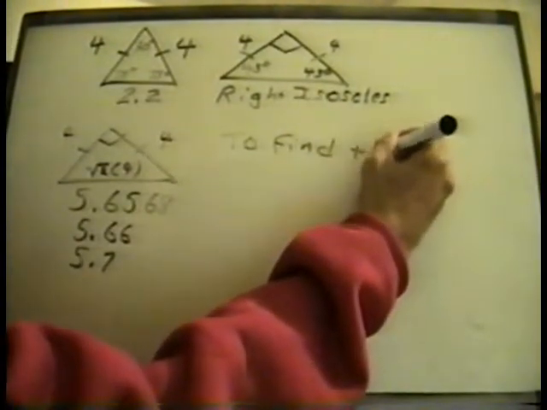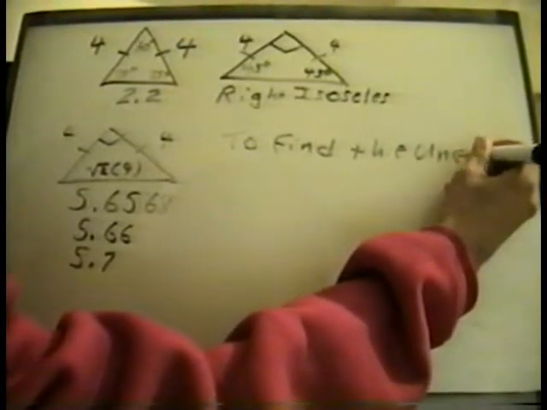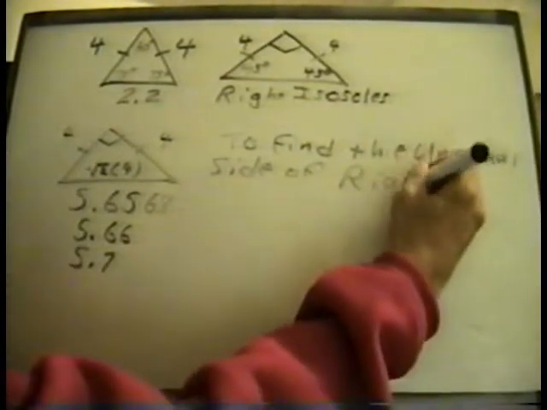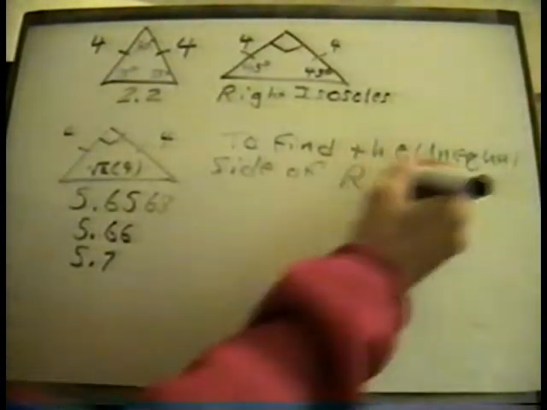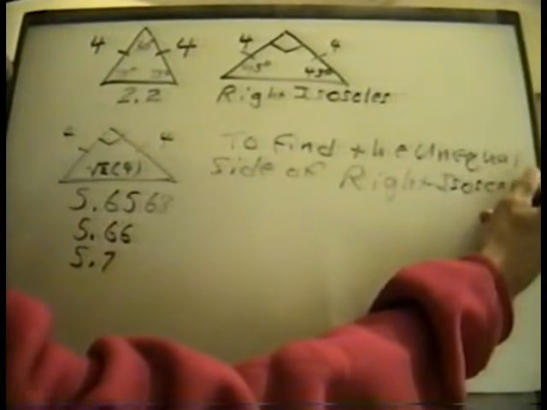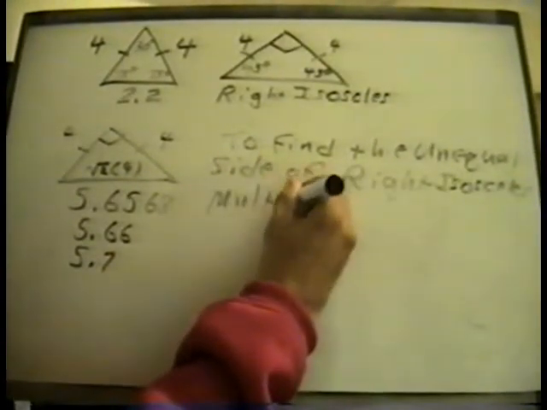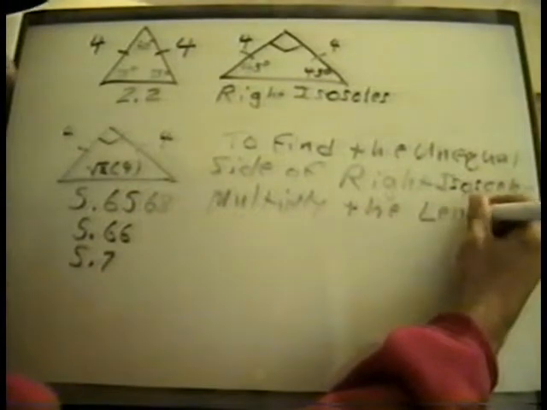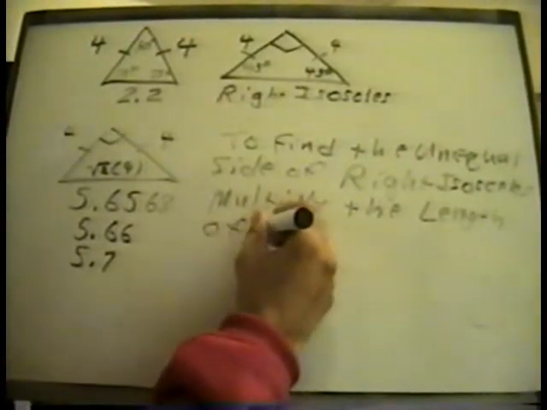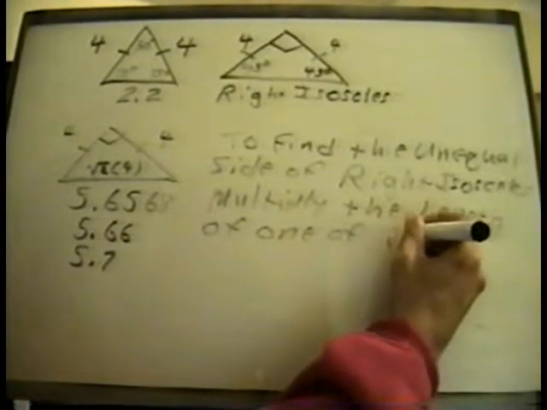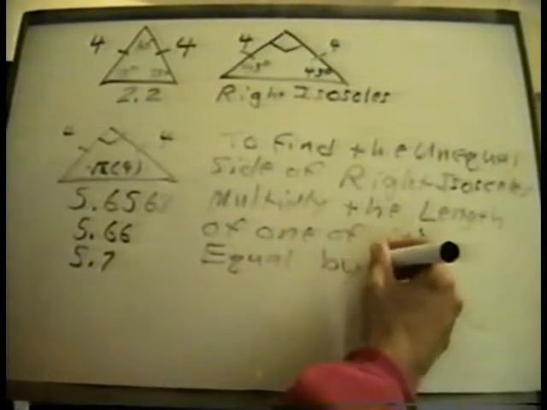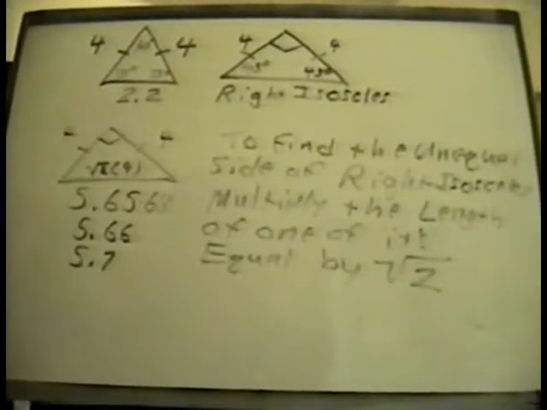So in words, to find the unequal side of a right isosceles triangle, multiply the length of one of its equal sides by the square root of 2.